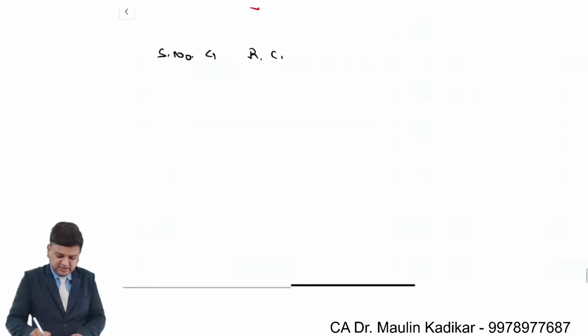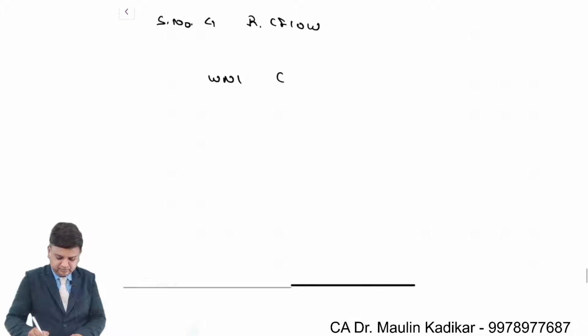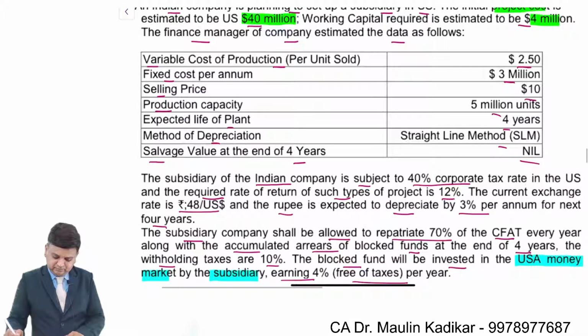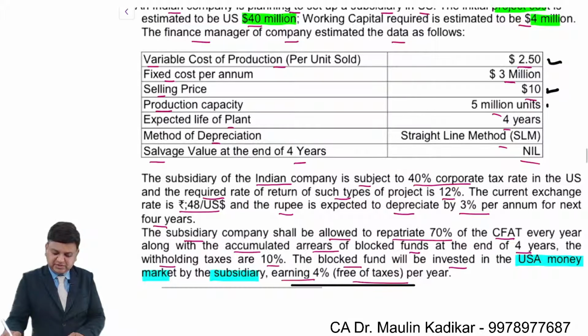Step number 4, recurring cash flow. In that, working note number 1, calculation of cash flow. Selling price is 10, variable cost is 2.5, production capacity is provided to us, but actually how much we are going to use is not given.